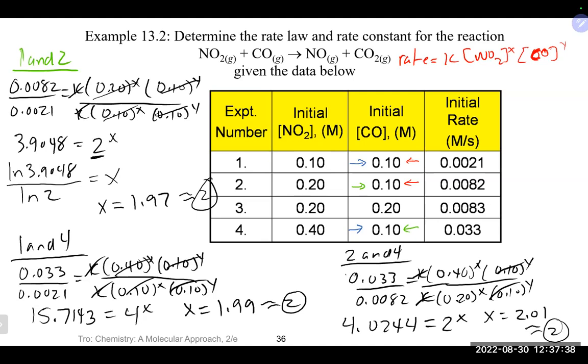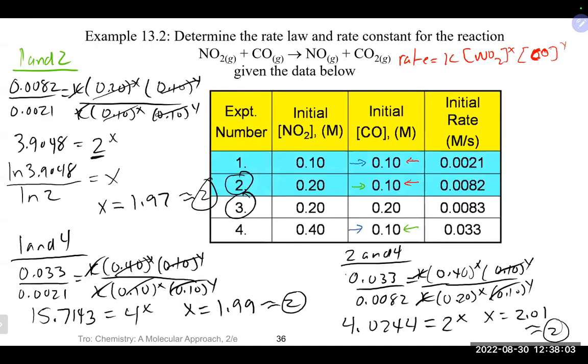And now that we did all three of them, we will then go back and, thank goodness, there's only one choice here to keep this guy constant. And that looks like number 2 and number 3 will keep our NO2 constant while varying our other. So I'll do that on the next page here. So 0.0083, I think. So 2 and 3 is, I think, what we're shooting for there. And we're going to do number 3 up on top.